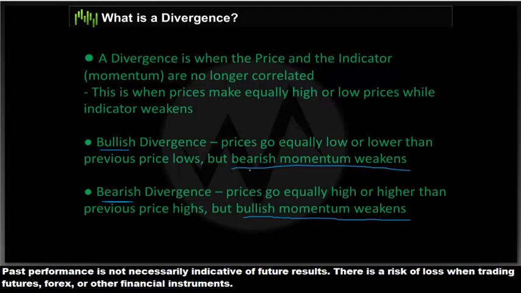So the direction of price movement is in one direction, but the momentum weakens, and we look for prices to go in the opposite direction. When prices are going higher, that is bullish, but the bullish momentum weakens, so we start looking for prices to go lower. This will be a little clearer when I show you on a chart.